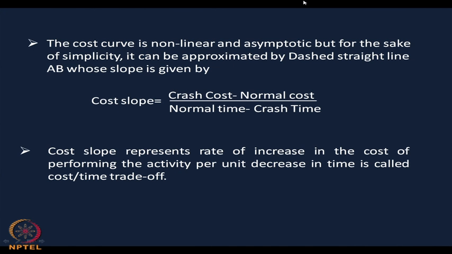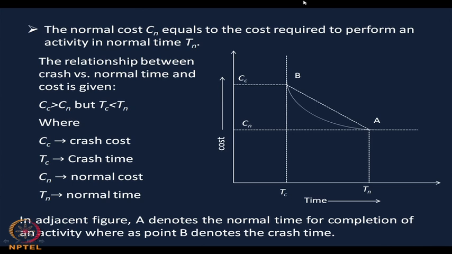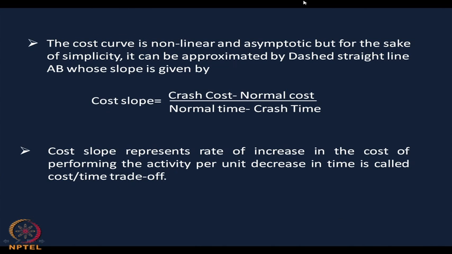What is the slope of this line AB? For this line AB, the slope, which we are calling the cost slope, is equal to crash cost minus normal cost divided by normal time minus crash time. Please note this formula.